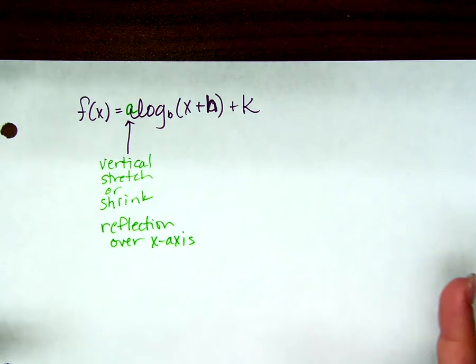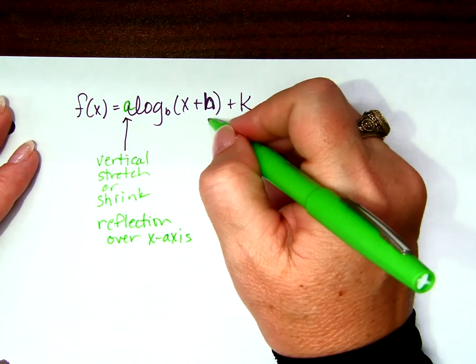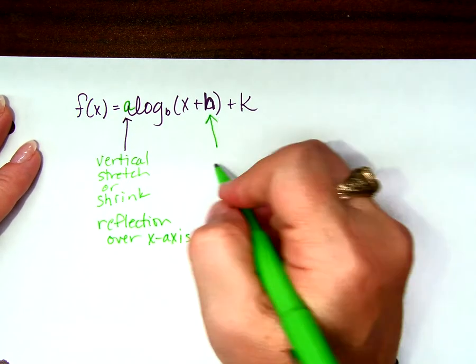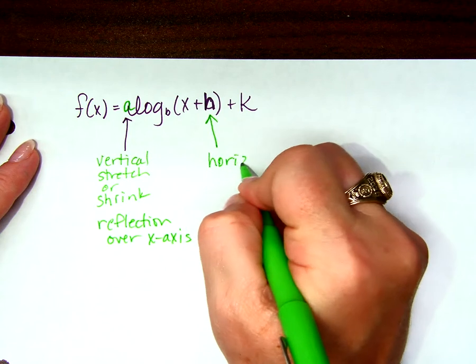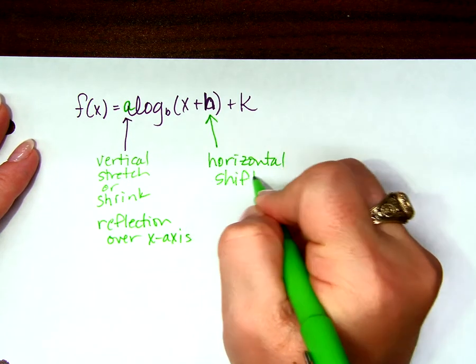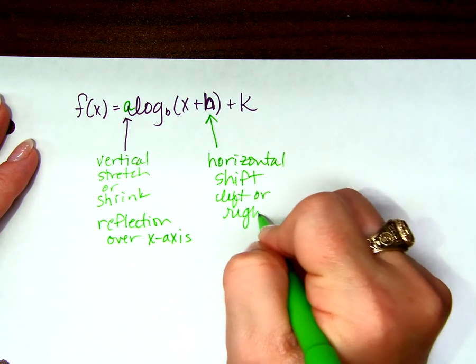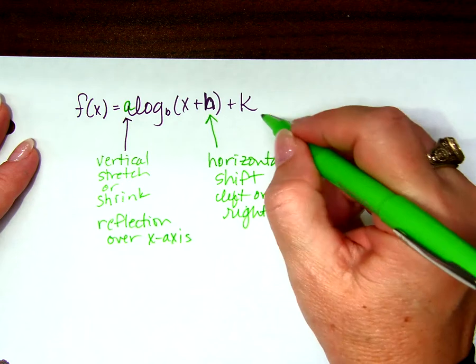Positive stays the same, but a negative causes a reflection over the x-axis. What about the H? Horizontal shift, left or right.